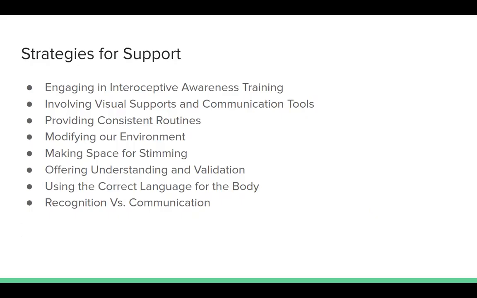Offering understanding and validation, right? So giving them that space to communicate, whether it's through stimming, through their words, through visual supports, offering empathy and listening, and giving that it's okay to express those things and then validate for them.